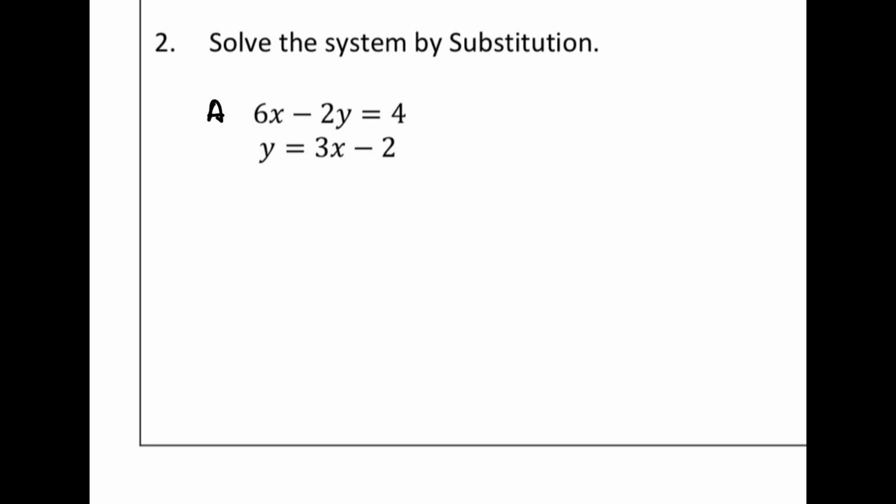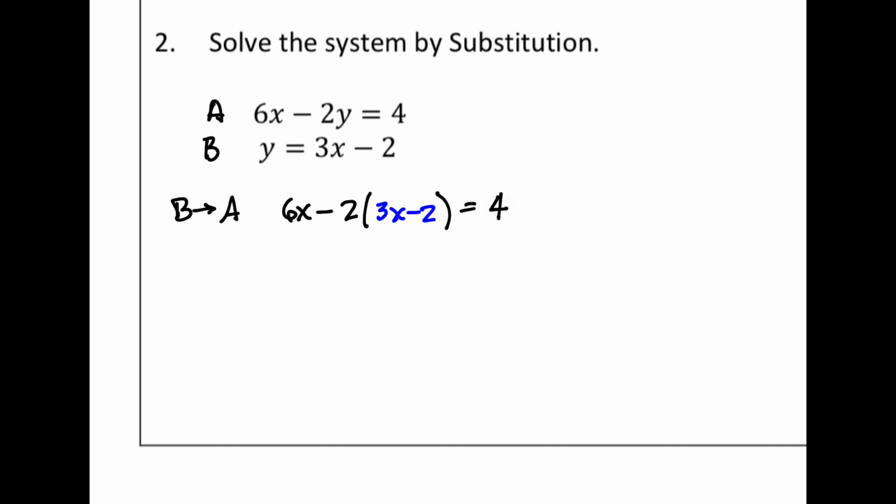So equation A, equation B, we're going to take B and put it into A. So we end up with 6x minus 2 times whatever y is, which is 3x minus 2. And now that's equal to 4.